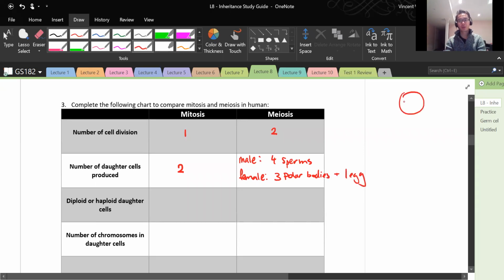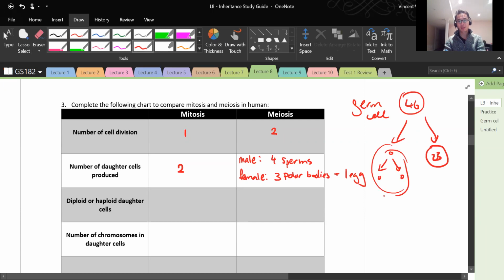So you have your germ cell, 46, and then after the first division, instead of having 23 like this, you're going to get 1 very tiny one and 1 big one. This one may have another division, but these are polar bodies.